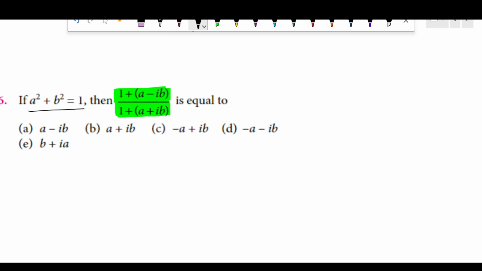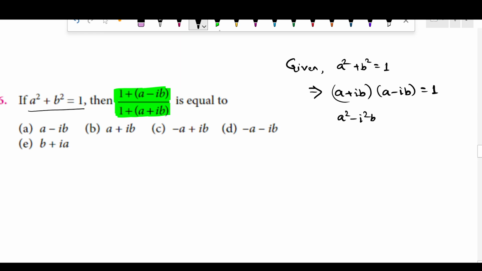Question? See over here, we are given a square plus b square is equal to 1, right? If you factorize this, this will be equal to a plus iota b times a minus iota b is 1, right? You can check this.